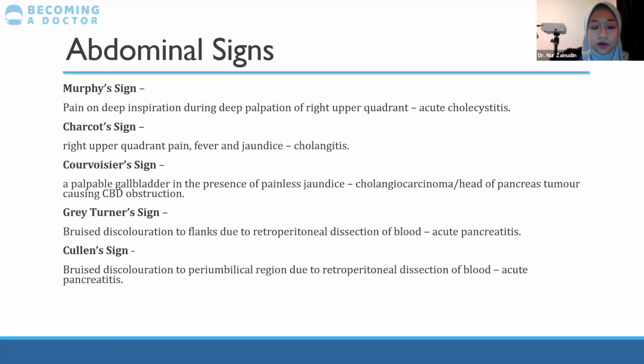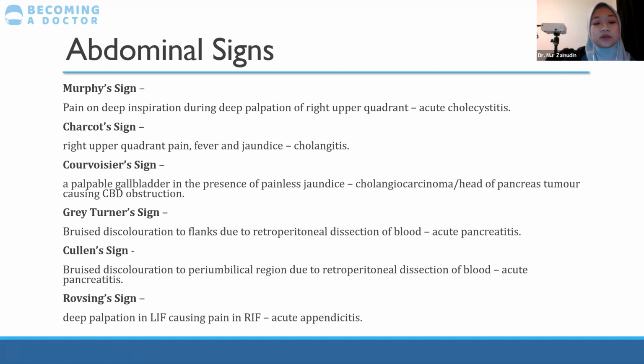Cullen sign is also acute pancreatitis. And then the most common sign that you would see, I think probably I've only seen this one ever and none of the others, Rovsing sign. I'm sure everyone knows what that is. Which is deep palpation in the left iliac fossa causing pain in the right iliac fossa, which is acute appendicitis that we've discussed earlier.